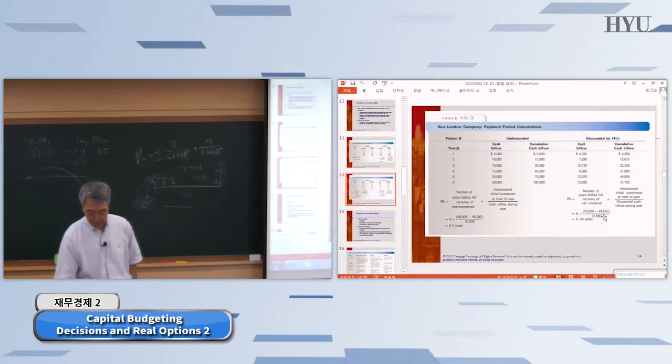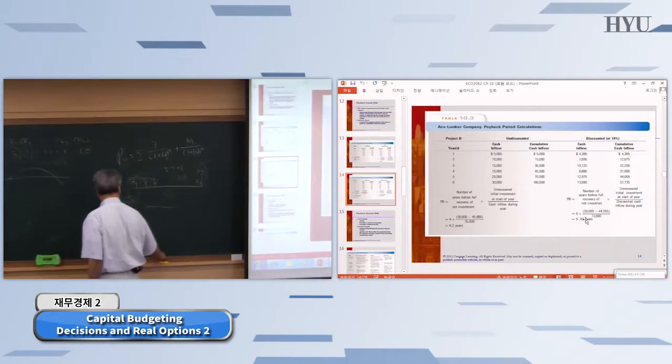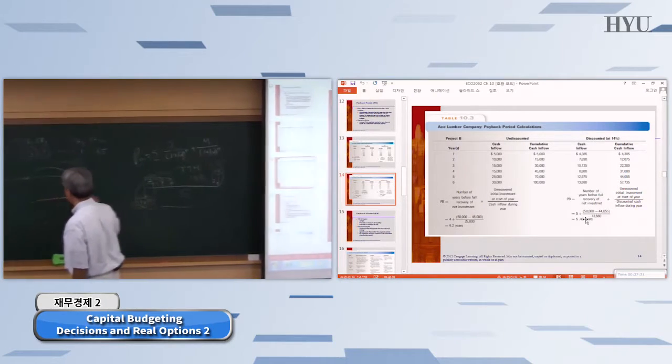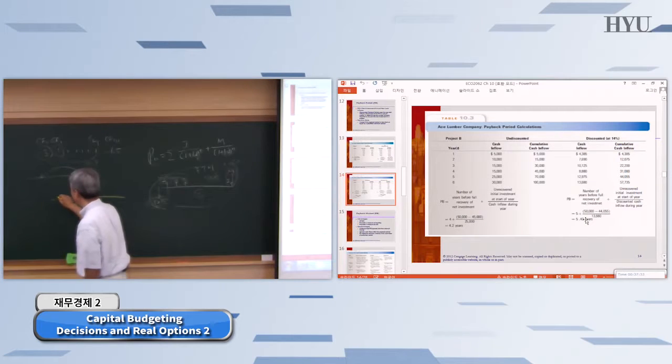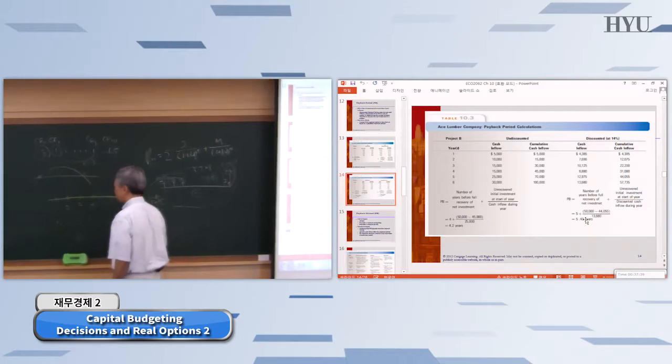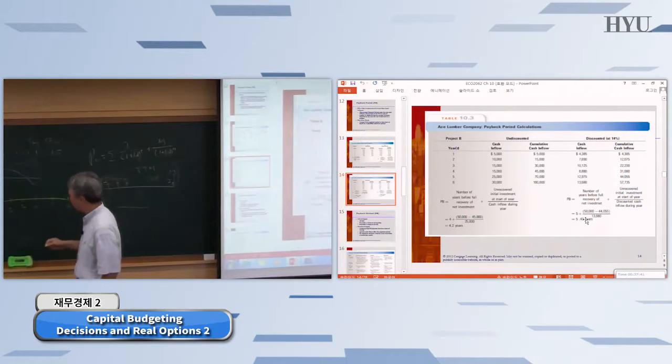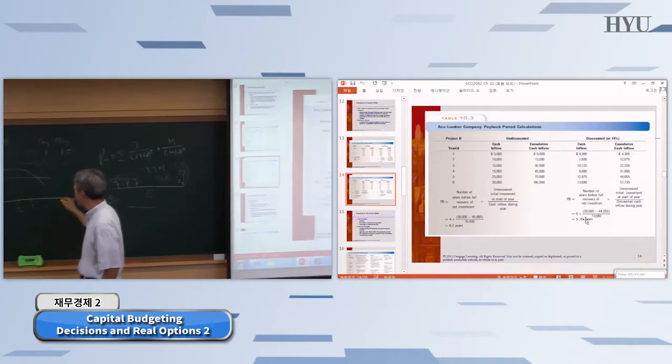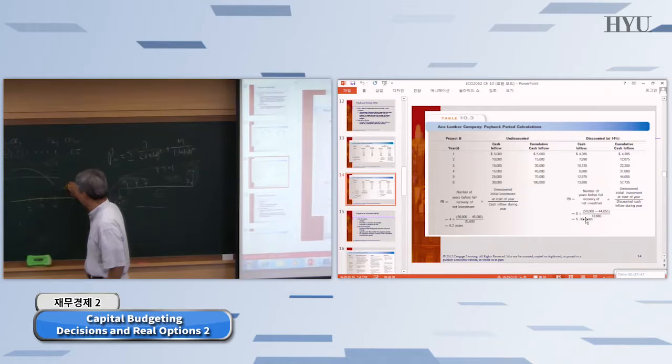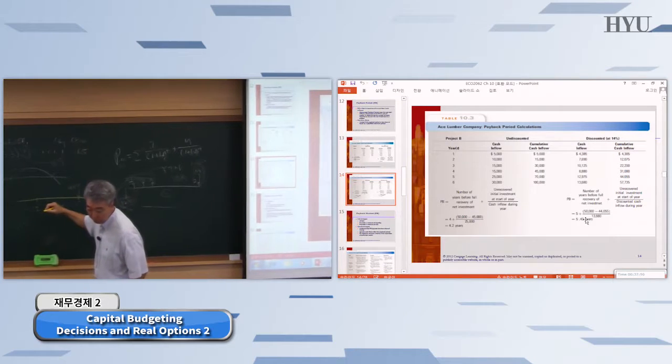So yeah, how do you come up with this 5.43 years, right? We're talking about one, two, three, four, 5, 6, okay? And at the end of 5th year, it was 44,055.